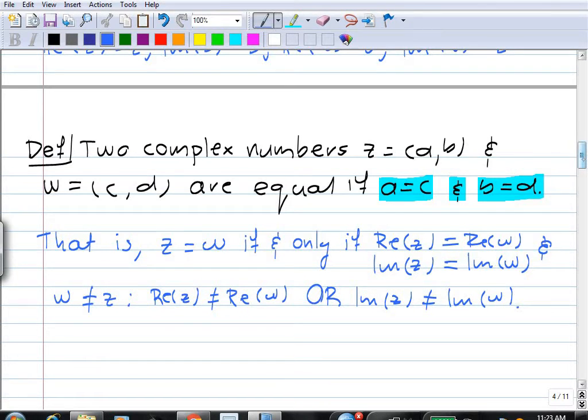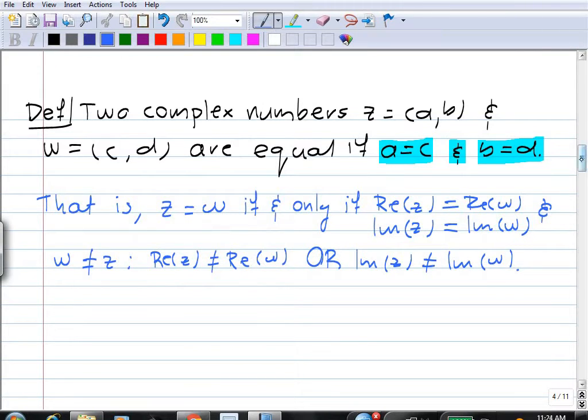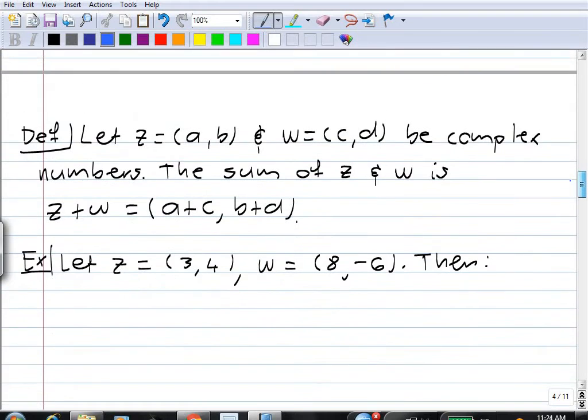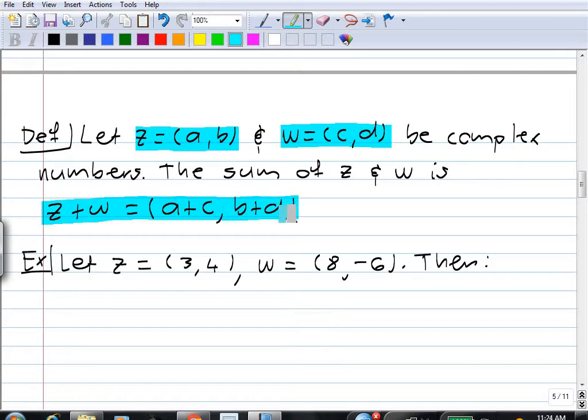Okay. So now we're going to define some structure on the set of complex numbers. We start off by defining how we're going to add these numbers. The definition is very simple. If we have two complex numbers, z is (a, b) and w is (c, d), then we add them simply by adding the real and imaginary parts, respectively. So z plus w is the complex number we get by adding the real parts of z and w, which gives us the real part of z plus w.